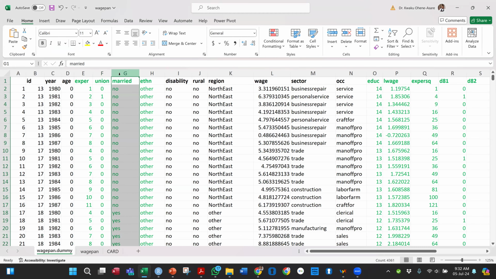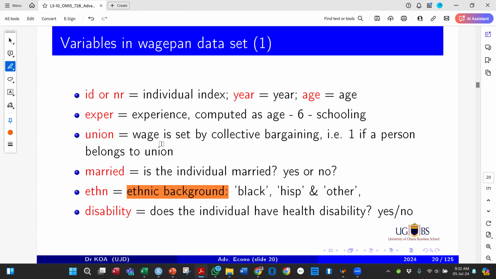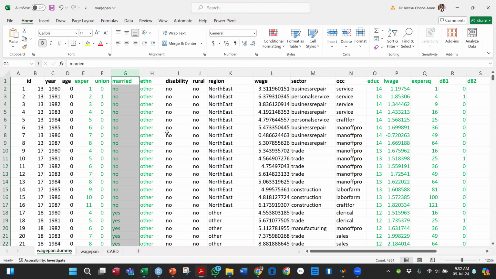Now, whether the person is married or not, you have it there, yes or no. You can see that throughout the sample period, the 13th guy was not married. However, the 18th guy was married by the time he entered the labor market.